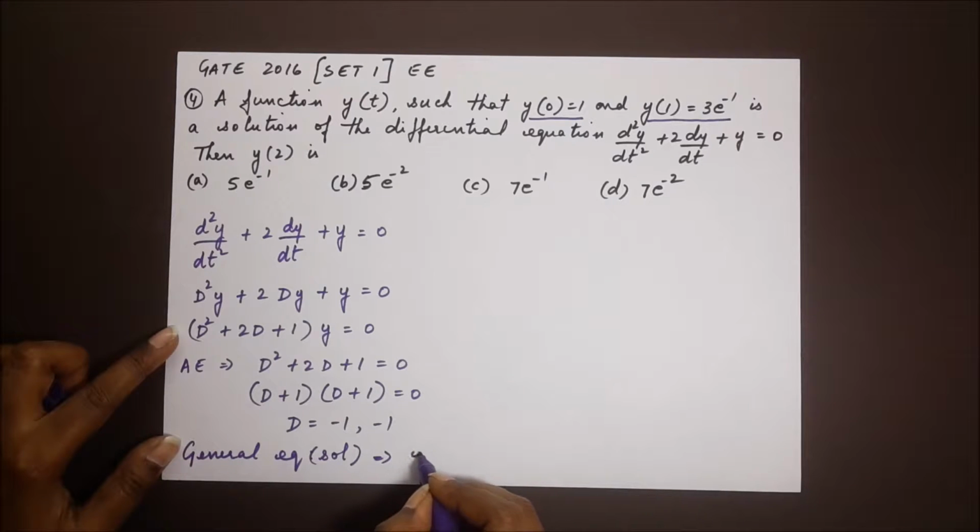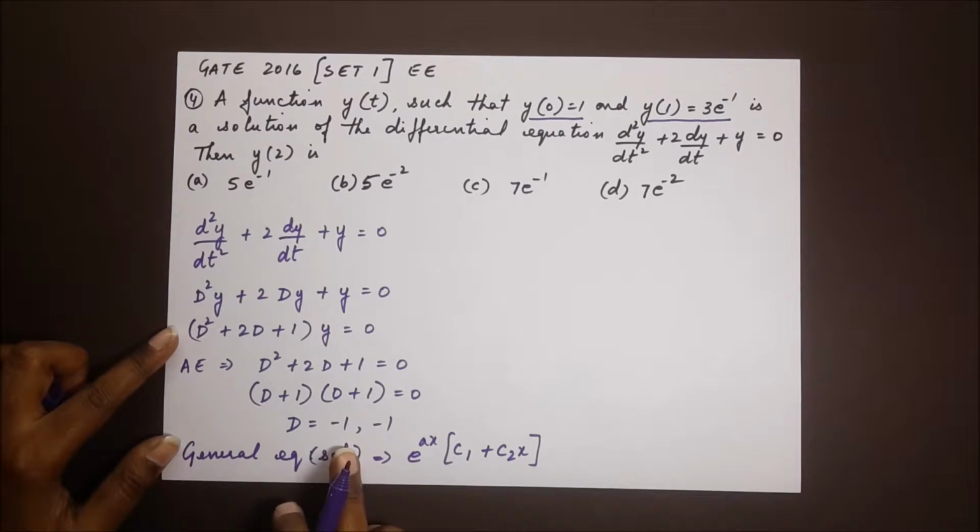That would be in the form e power ax into c1 plus c2x, where c1 and c2 are constants. They correspond to the roots that we have over here. Let's call this equation 1.